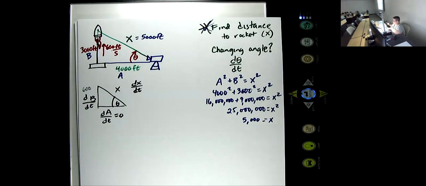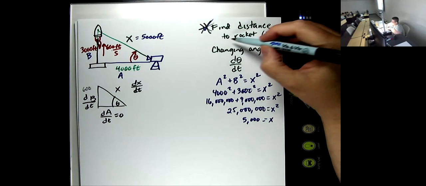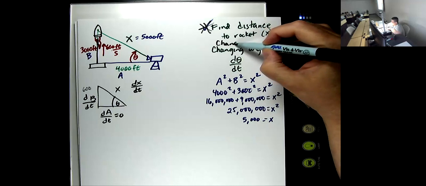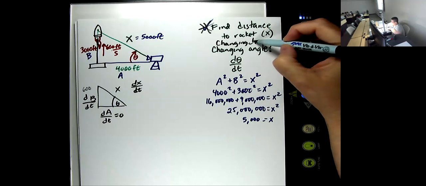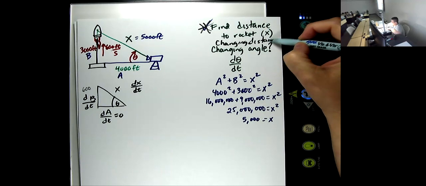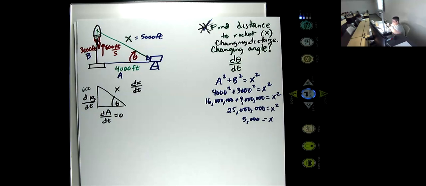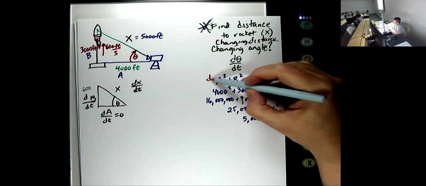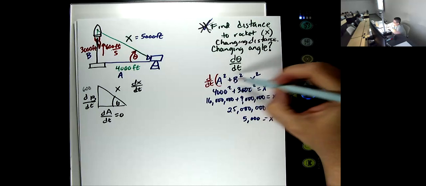That was just something to go along the way. So changing distance. That seems like that'll be helpful. All right, well, we can do that. Let's hit this with just like we did last time. Hit that with some time derivative.